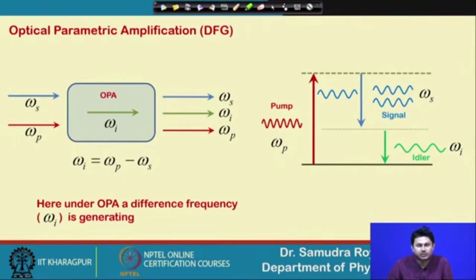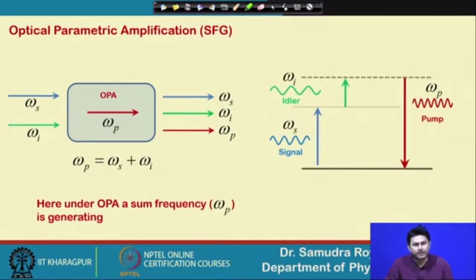This amplification process is basically due to optical parametric amplification, and the idler will also be generated. So, in difference frequency generation the evolution of the idler is important, because we need to find out the difference between omega p and omega s that is launched at the input. Well, the scenario is slightly different for sum frequency generation, as shown in this figure.